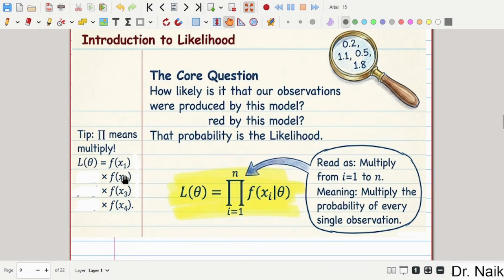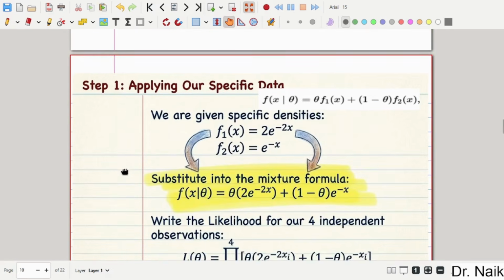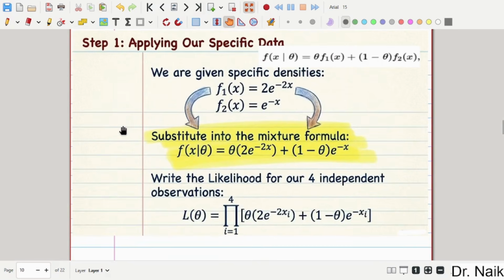In our question we have 4 data points. So L of theta is equal to f of x1 multiplied by f of x2 multiplied by f of x3 multiplied by f of x4. We are given specific densities: f1 of x is 2e raised to minus 2x and f2 of x is e raised to minus x.